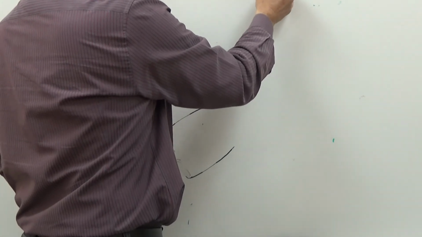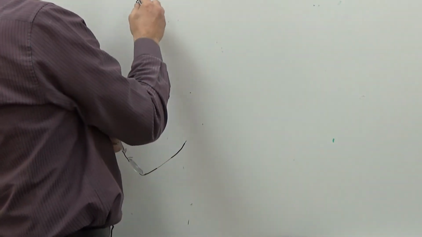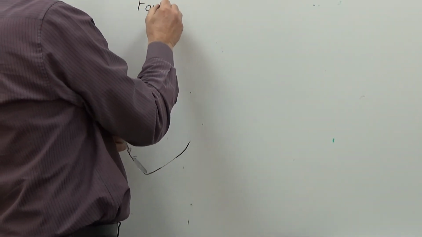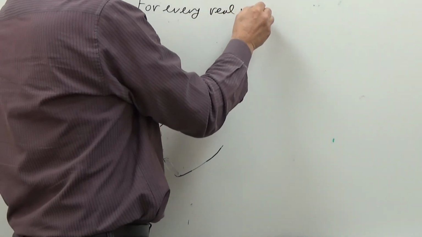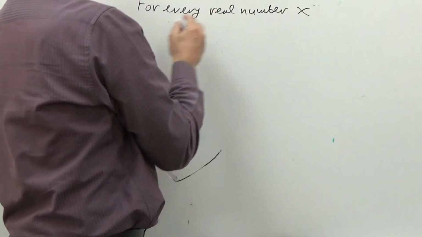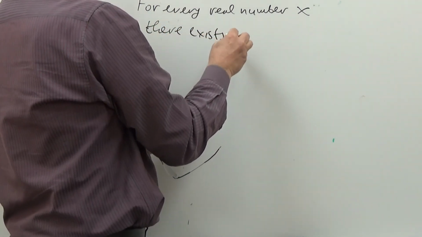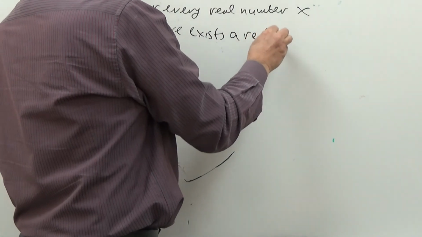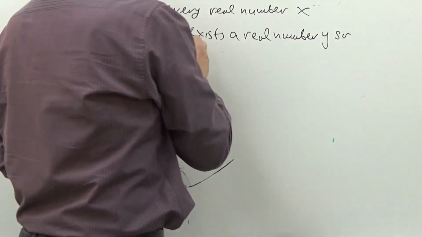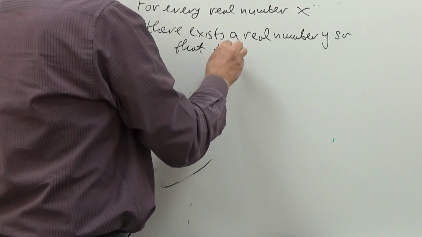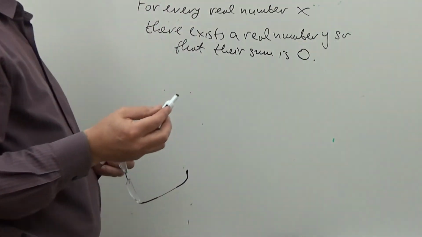There exists y from R such that x plus y is 0. And then we translate the rest: for every real number x, there exists a real number y so that their sum is 0.